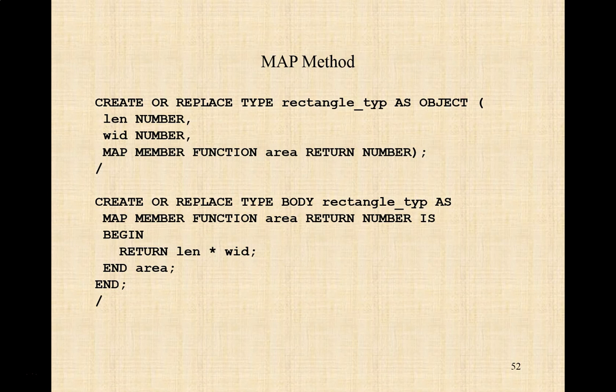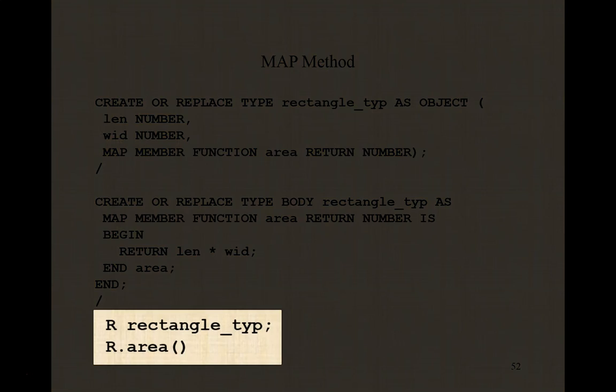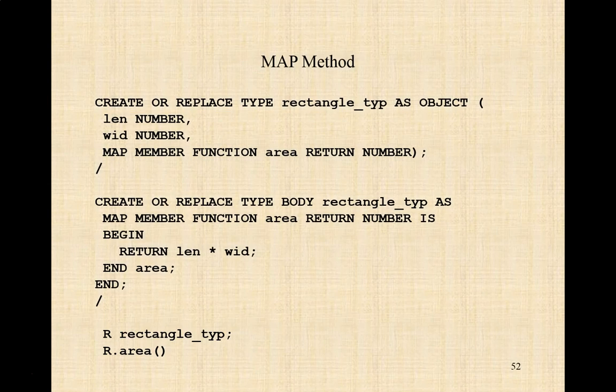However, in this example, the function could serve a second purpose beyond providing a means of comparison. We could invoke this function to obtain the area of a rectangle object. Thus, invoking this comparison function in a different context does make sense.